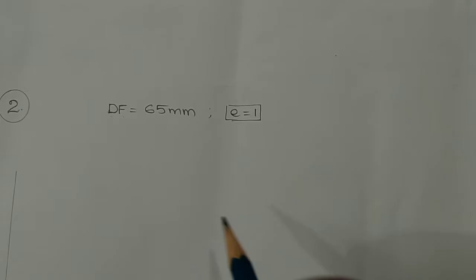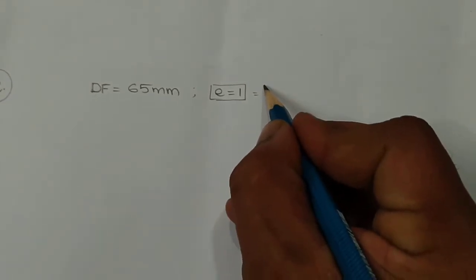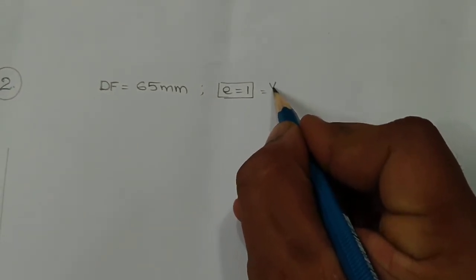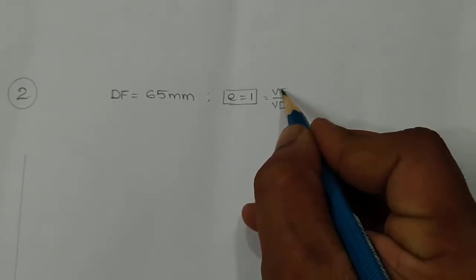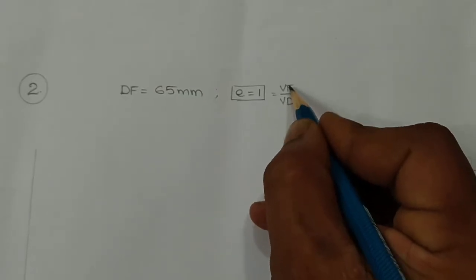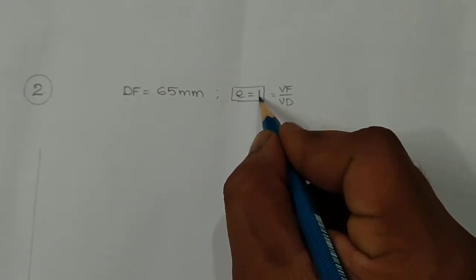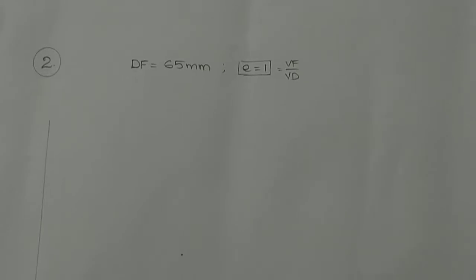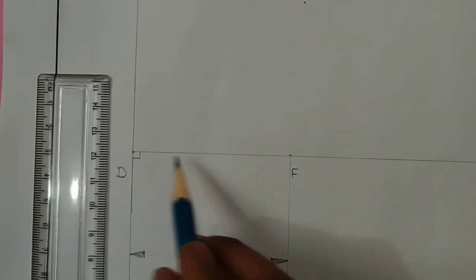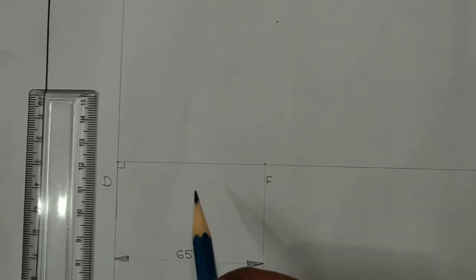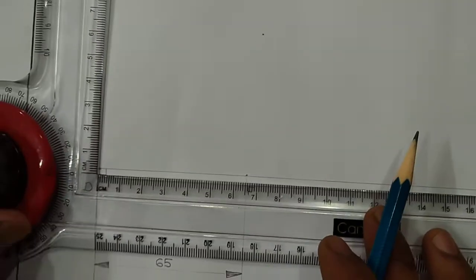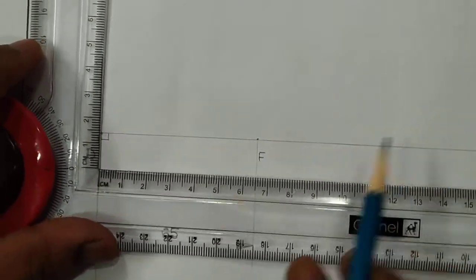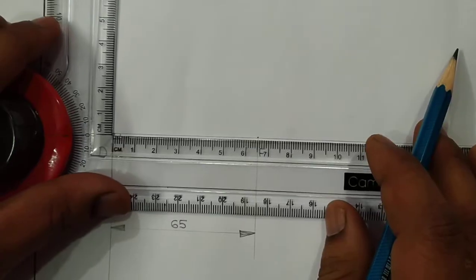Next, the eccentricity value is 1 for the parabola. This represents the ratio of the distance between vertex and focus to the distance between vertex and directrix. When numerator and denominator are the same, we get eccentricity 1. So the vertex must be located exactly at the midpoint of DF. Only then will this condition be satisfied. So we can mark the vertex point exactly in the middle of DF.